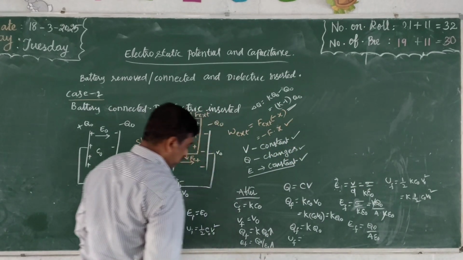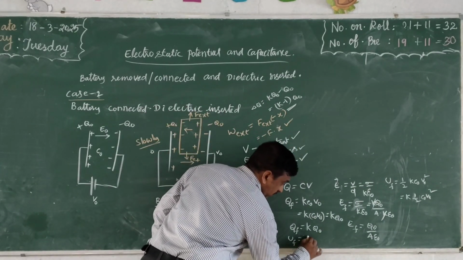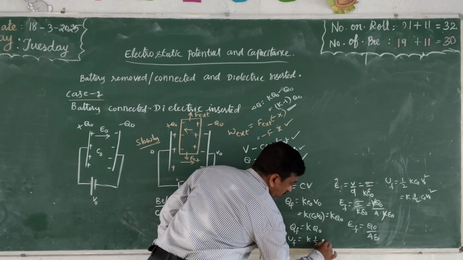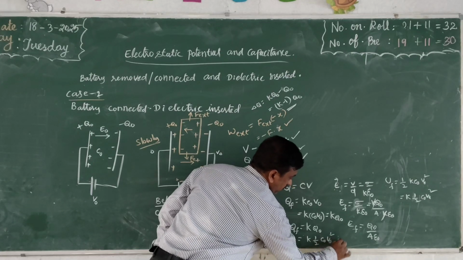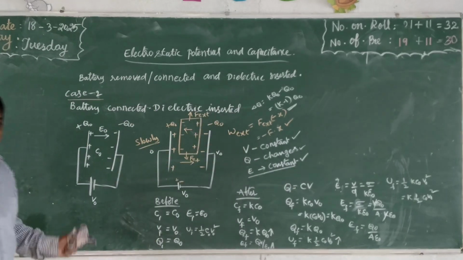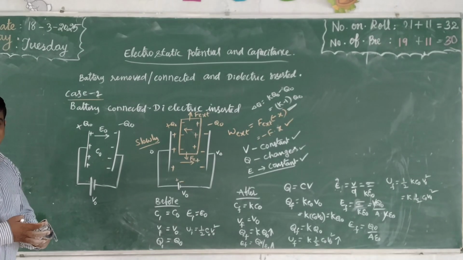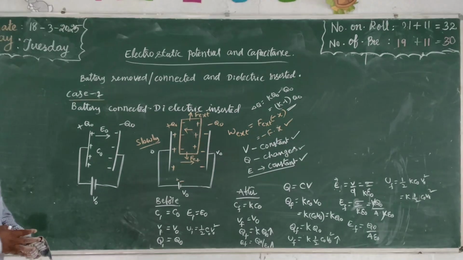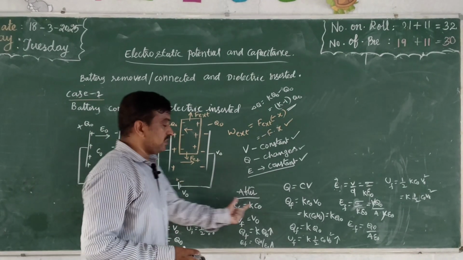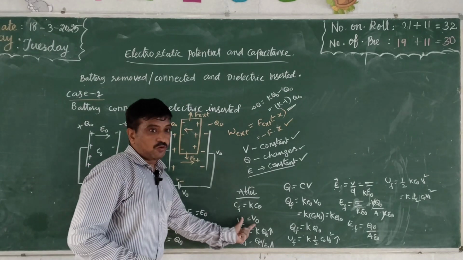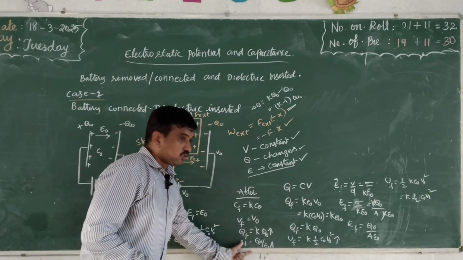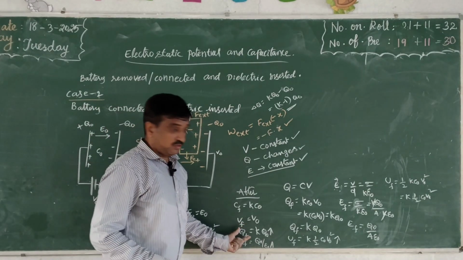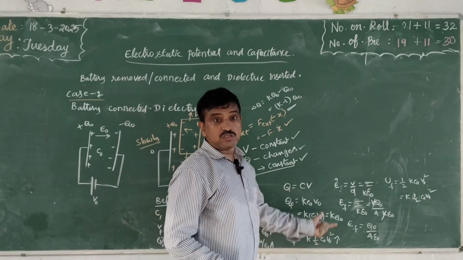Means potential energy also increases K times. So when battery is connected and dielectric inserted, capacitance increases K times, potential stays constant, electric field stays constant, charge increases K times, and potential energy also increases K times.